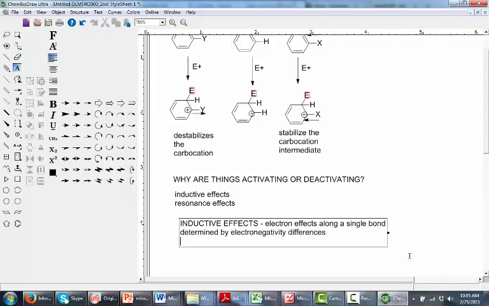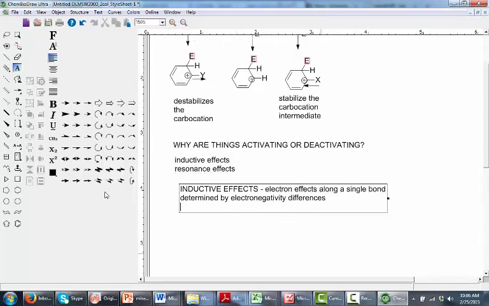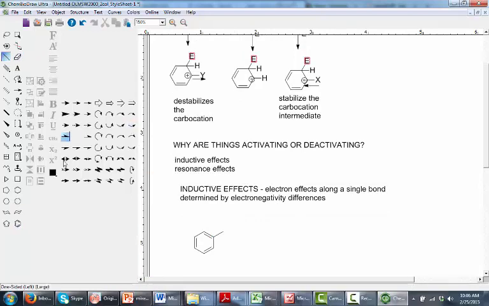What I mean by that is a nitro, a halogen, a hydroxyl, even anything where I put a heteroatom on this aromatic ring is going to have the effect of pulling electron density away from the benzene ring, again because of the electronegativity differences between the carbons and these heteroatoms.